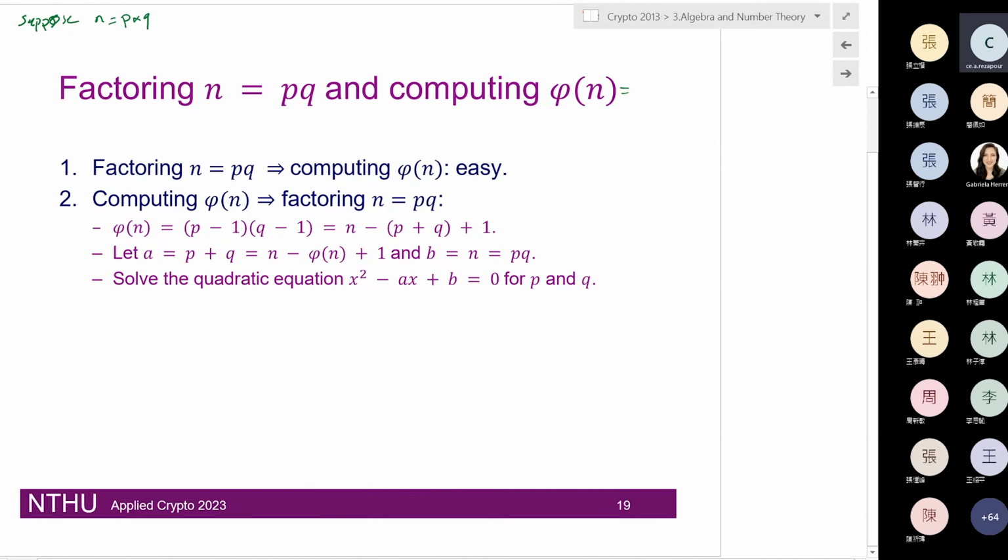Then computing phi N is hard without the factorization because the equation is p minus 1 times q minus 1. As long as we have p and q, we can compute phi N. If we don't know p and q, then we cannot compute phi N.